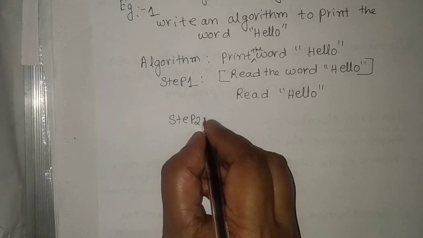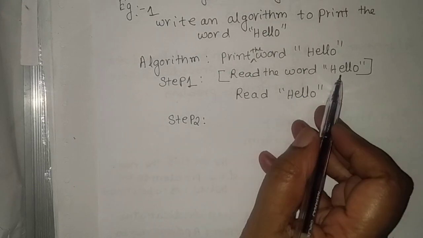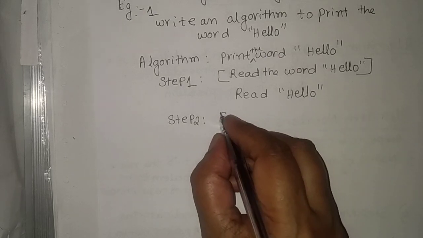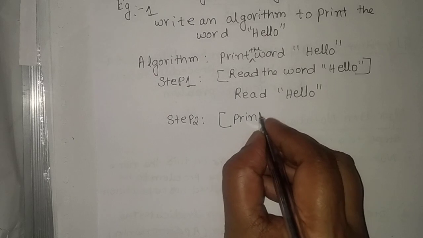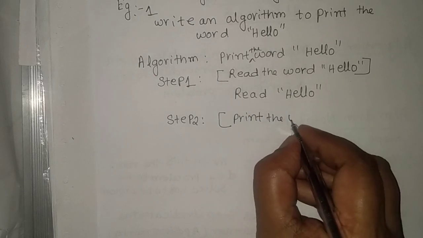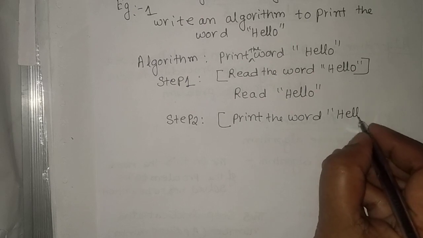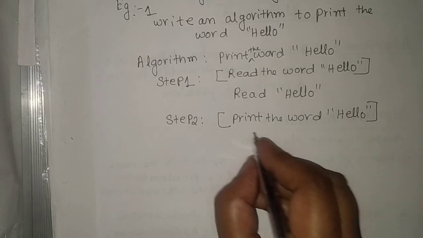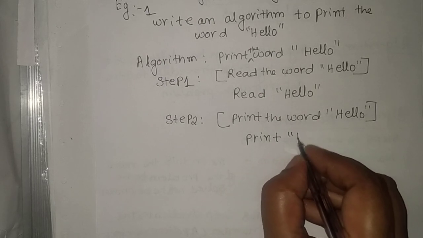Then step 2 is print. What we have read, we just print it. We can say print or write: print the word hello. Now next is the print statement: print hello.